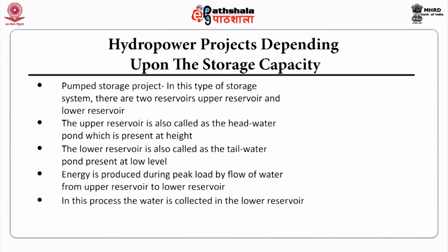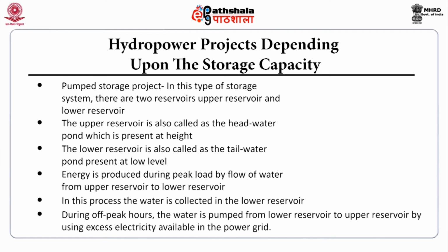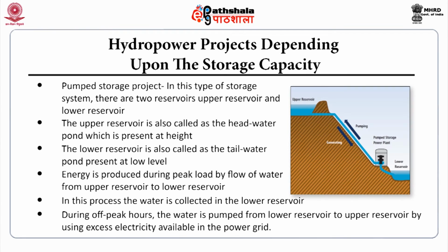In this process, the water is collected in the lower reservoir. During off-peak hours, the water is pumped from the lower reservoir to the upper reservoir by using excess electricity available in the power grid. This diagram shows a pumped storage hydropower project having two reservoirs, an upper reservoir and a lower reservoir.